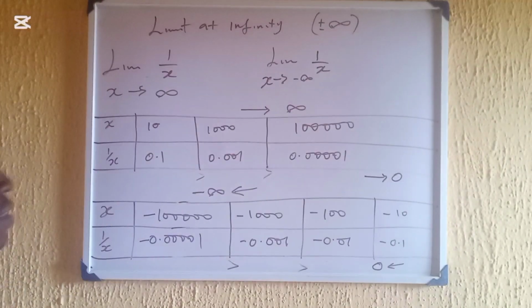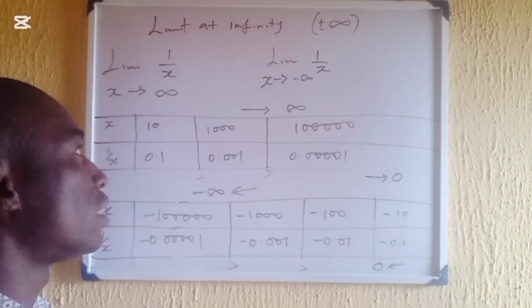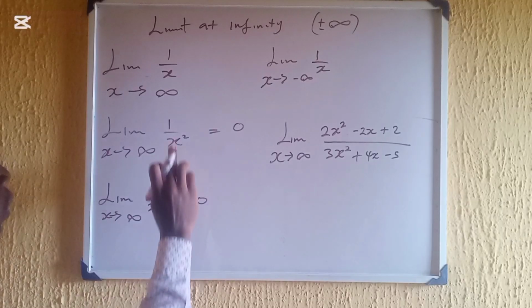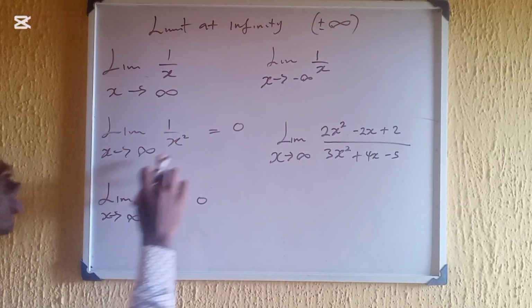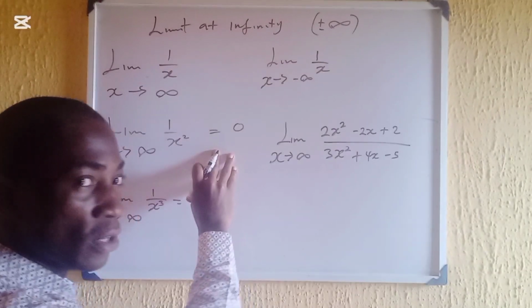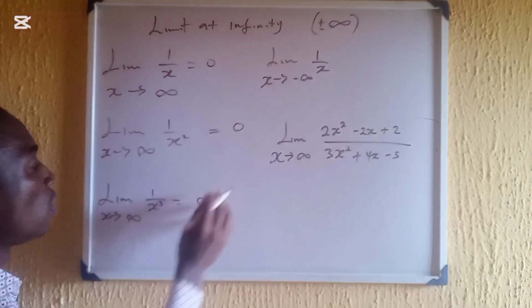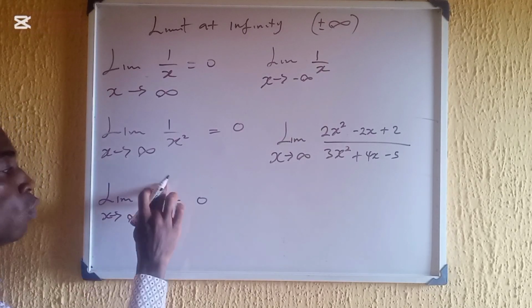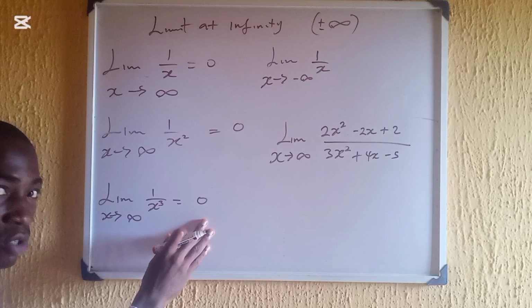So let's see how this is applied in calculating limits at infinity. Now let's say we want to calculate the limit of 1 over x squared as x tends to infinity. You will notice that the limit will also be 0, just as this one is equal to 0. The same thing applies to 1 over x cubed, take the limit as x approaches infinity, is also equal to 0.